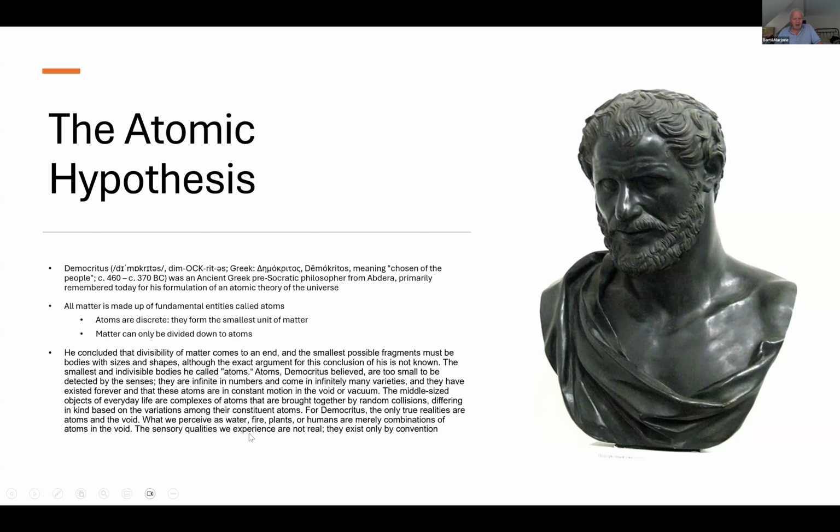There's all kinds of interactions that occur. But for Democritus, the only true reality is the atoms and the void in between atoms. So what we think of as earth, air, water, fire, plants, humans are merely combinations of atoms and the void. These are really the fundamental things that encompass everything.